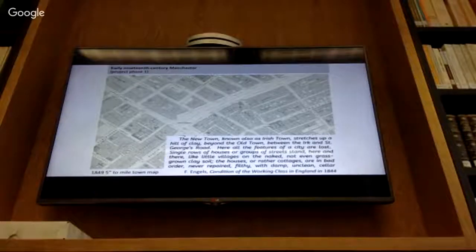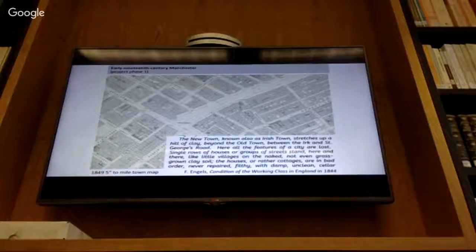This is where I started, which is with the OS maps from 1849, Manchester. And what we're doing essentially isn't new. People have always thought about patterns in the city. So Engels is the basic example we're starting with here, but we quite like this quotation. We quite like his approach.